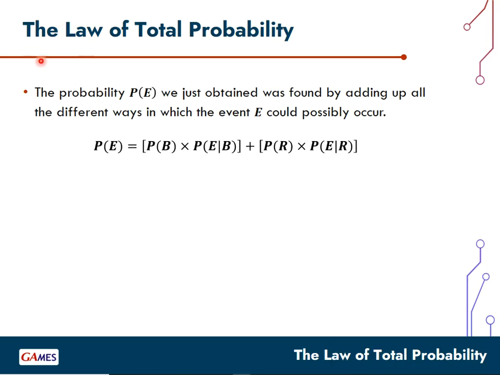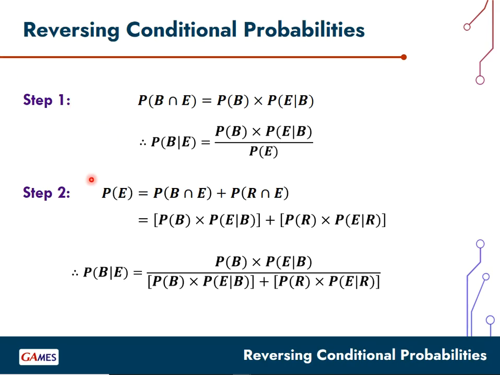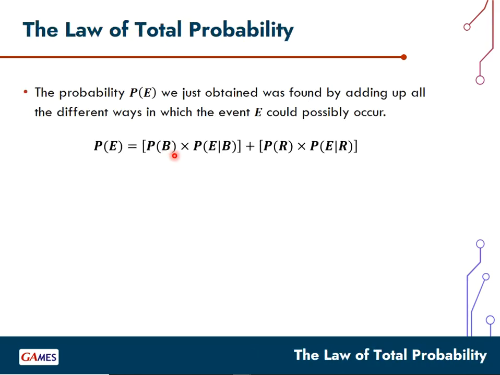The first important thing I'll talk about is the concept of the law of total probability. Essentially, what we did at step 2 to arrive at this equation was simply obtain the total probability of an event. Sometimes you're not given the probability of a specific event. Maybe you're given conditional probabilities or intersections, or some other probabilities of other events, and you now need to compute a particular event. We can use the law of total probability to arrive at this.